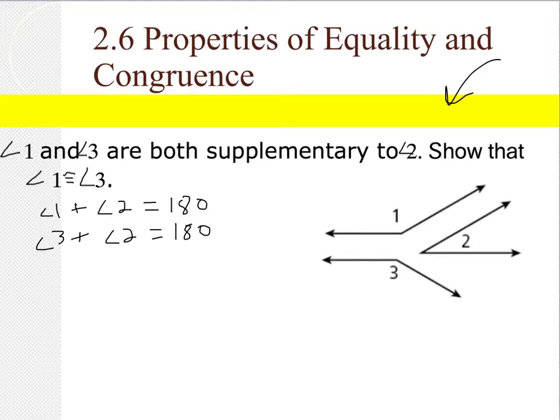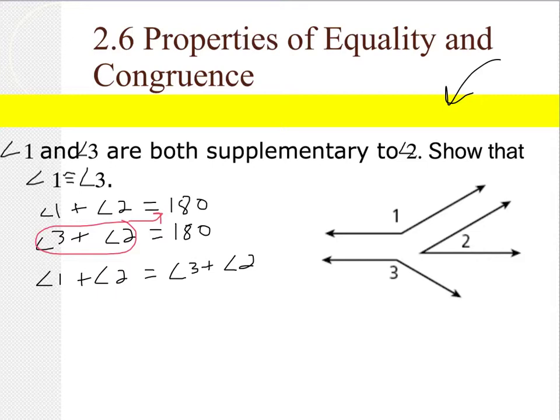We can actually substitute this part in for our 180, because if they both equal 180, they equal each other. So angle 1 plus angle 2 is equal to angle 3 plus angle 2. If you remember, this goes back into a certain property. Think about it.